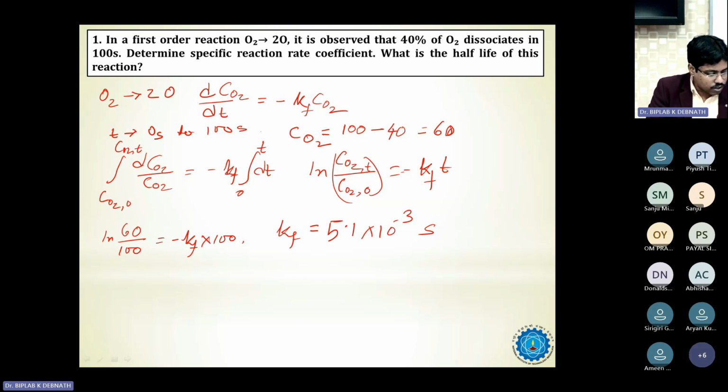Half life of the reaction. Okay. So half life of the chemical reaction, you will see the same equation will follow.